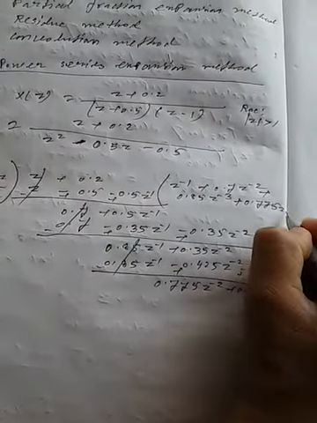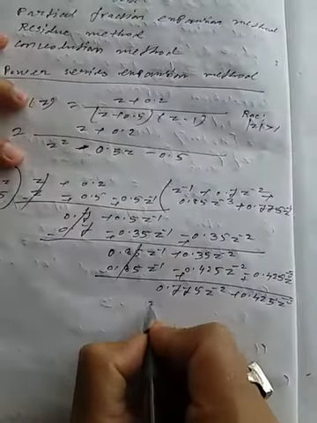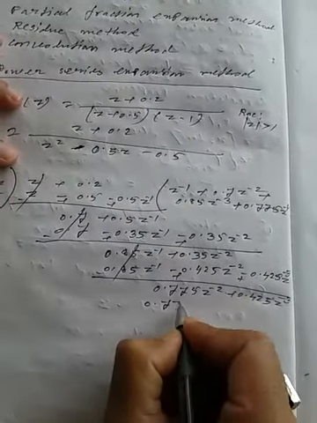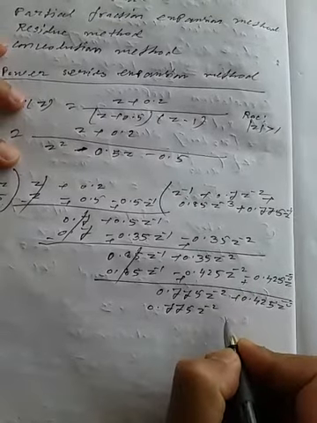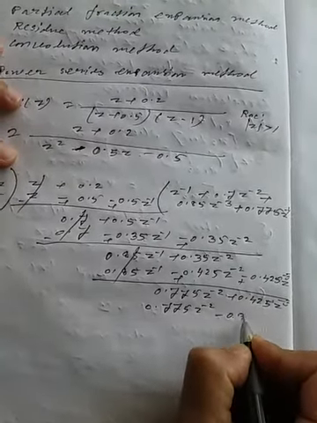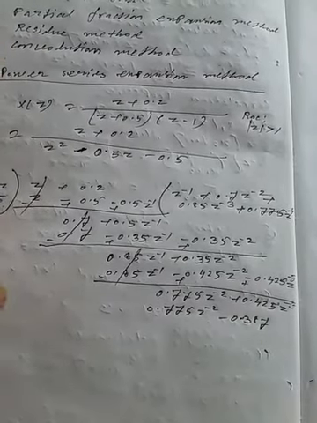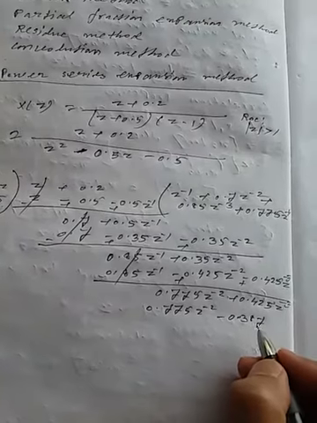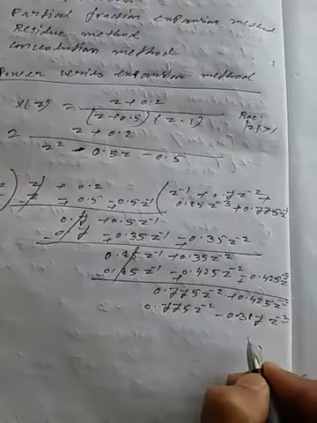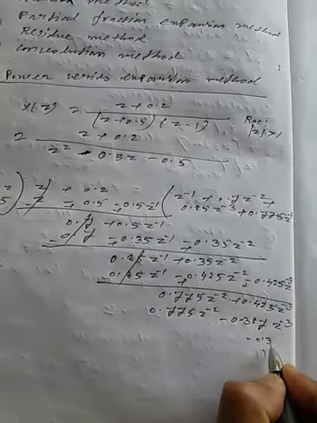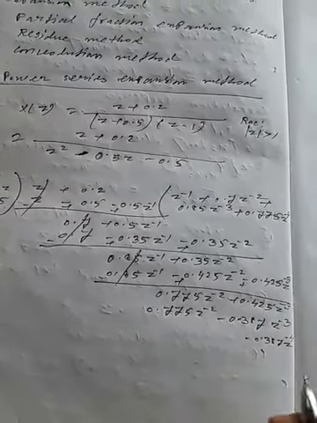So it will be z to the power minus 4, and the portion will be 0.775 z to the power minus 2 minus 0.387 z to the power minus 3 minus 0.387 z to the power minus 4, right?